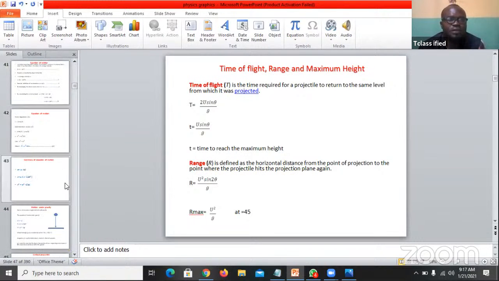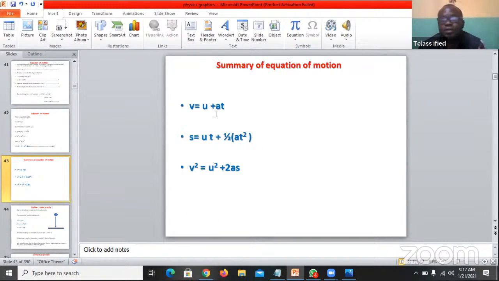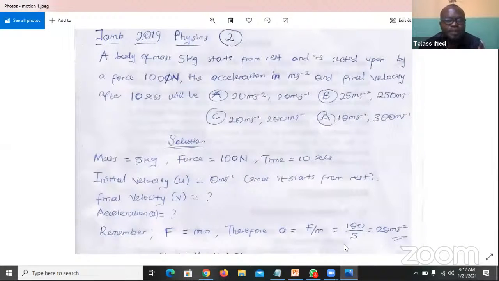If we look at those three equations, v equals u plus at, s equals ut plus half at squared, and v squared equals u squared plus 2as, we're definitely going to use one of these to solve this problem. But before then, we need to find the parameter that is missing in the equation.